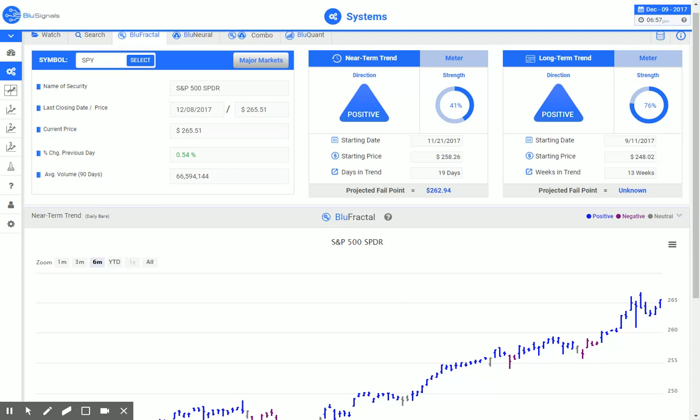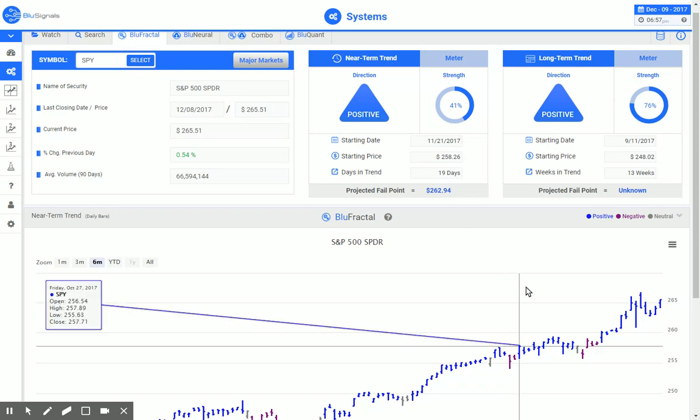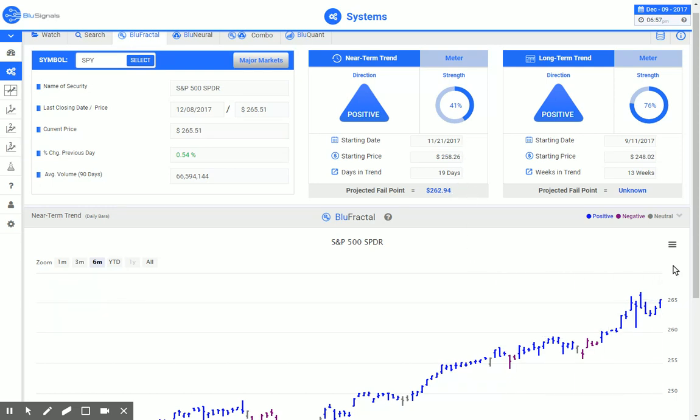Now, these are dynamic numbers. If the trend picks up steam and our system interprets the strengthening of a trend, the meter will react in real time and demonstrate this, and the fail point can also adjust. Oftentimes, when a trend continues strongly, the meter will strengthen and the fail point will go to unknown, as it is here in the long-term trend.